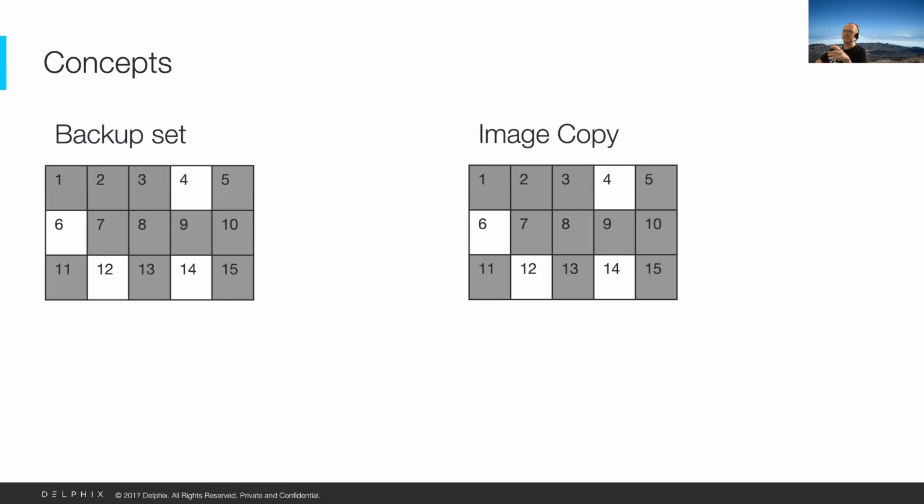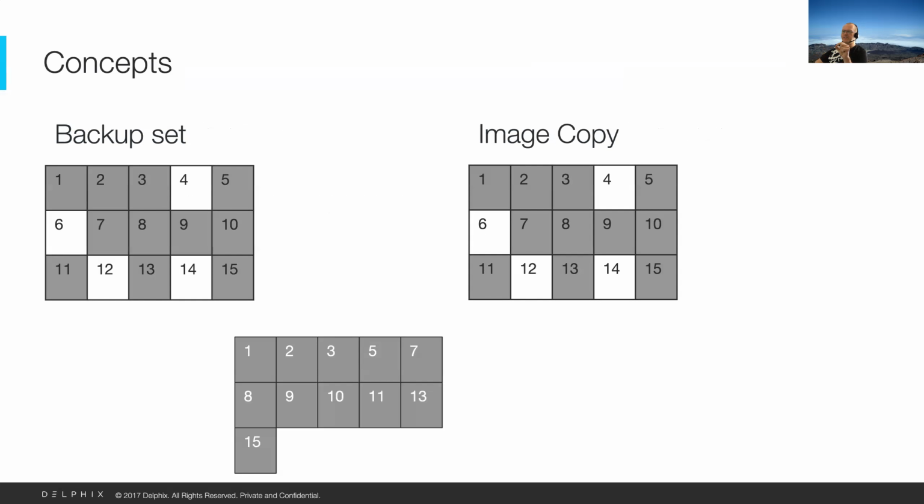If you imagine what you can see is your data file. So we have blocks between 1 and 15. So we have 15 blocks of your data file. If we do a backup set backup, RMAN will take the blocks, but it will skip the blocks which are empty. So as a result, we will not have all blocks, but the result will contain only blocks which have ever been used.